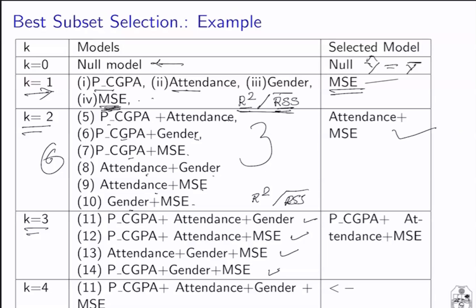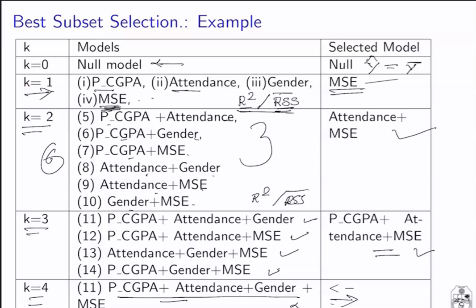Suppose that you have selected this model, CGPA, attendance plus MSc. Now in the fourth iteration, you are going to generate the model which contains all the input variables. This is the only one model that you generate in the fourth stage, and the selected model is the same as the generated model.